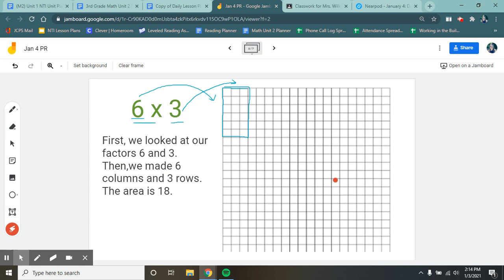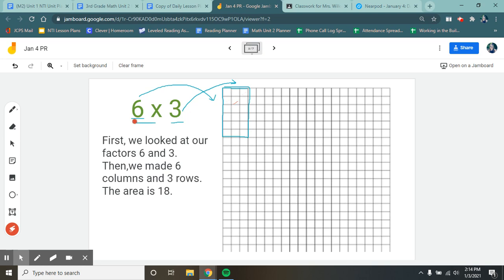And that's okay because you can count by 2s, maybe 2, 4, 6, 8, 10, 12, 14, 16, 18, and you get the same answer. And I know that some of you are going to want to count by 1s, and that's okay.